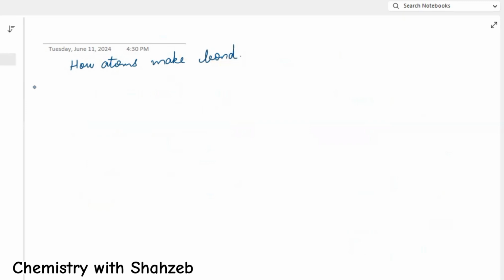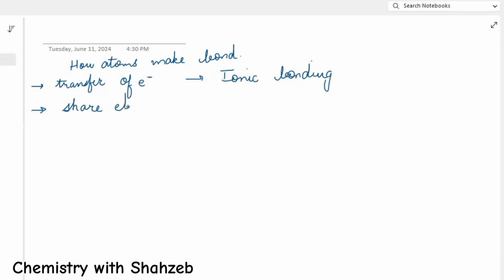They make bonds either by transfer of electrons, which occurs in ionic bonding, or they share electrons, which occurs in covalent bonding. I hope it is clear up till now.